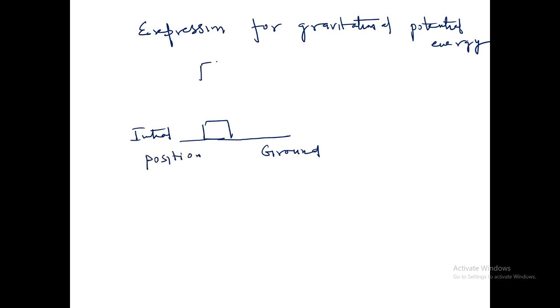And we are lifting it through a height h. So of course this is the final position. So what force is acting? During the course of its lifting, gravitational force mg was acting vertically downward.